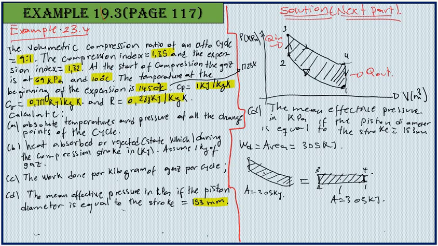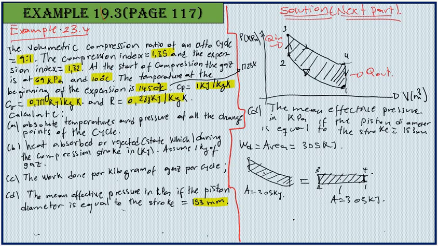On the x-axis is the volume and the y-axis is the pressure. So we are going to realize that these two have the same length. So that represents the mean effective pressure.